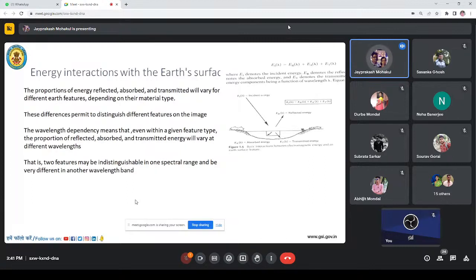You have incident light, which is a form of energy, so part of it gets absorbed, a part of it also gets transmitted back as emission, and a majority of it gets reflected as reflected energy, right?